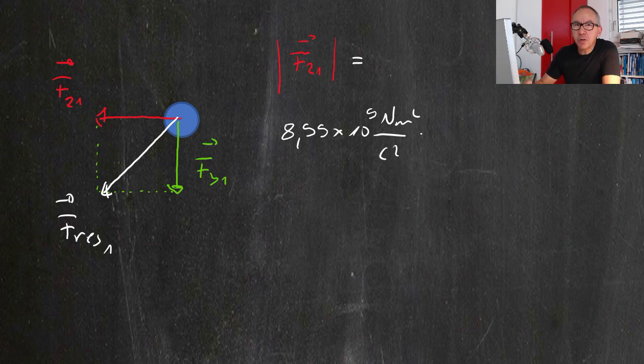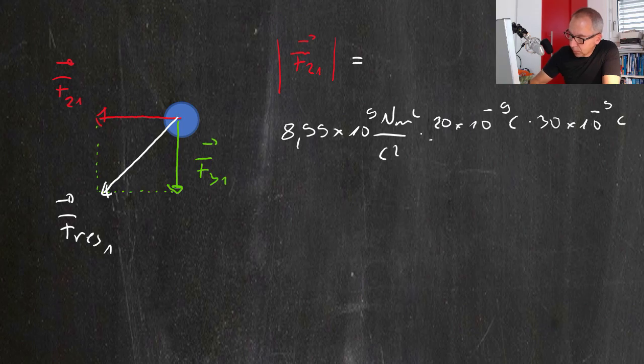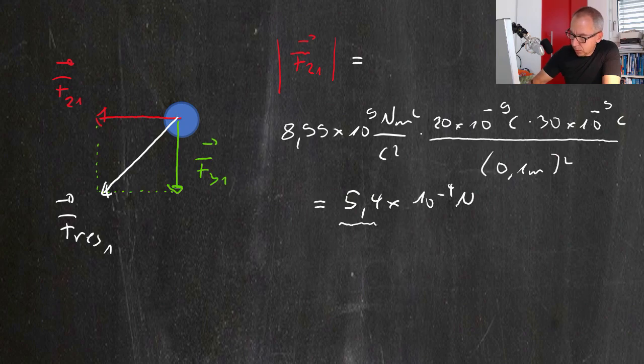Then the two charges and R squared. This amounts to 5.4 times 10 to the power of minus 4 Newton.